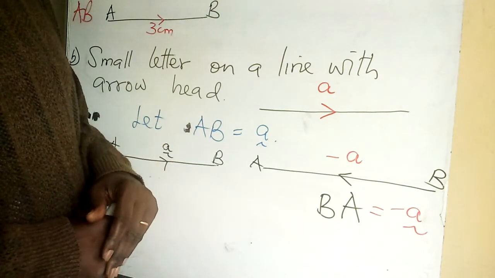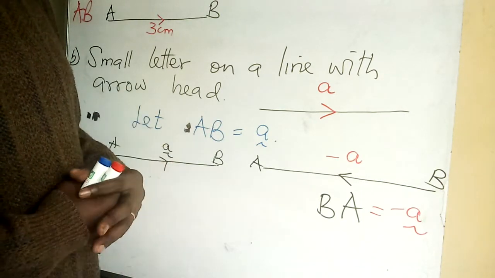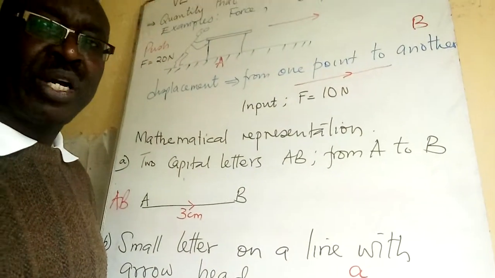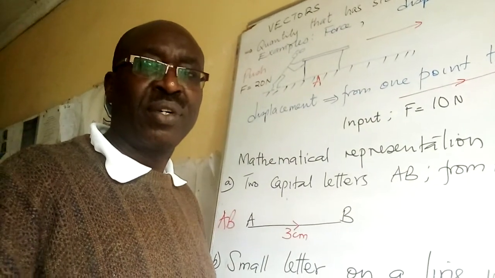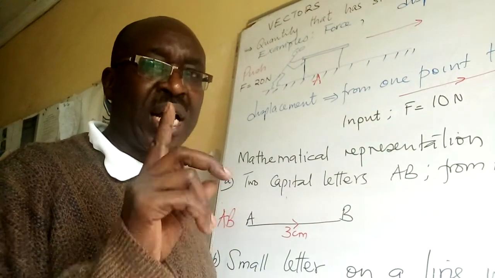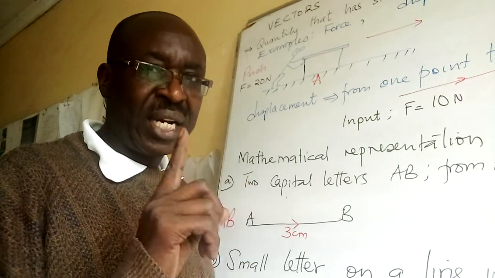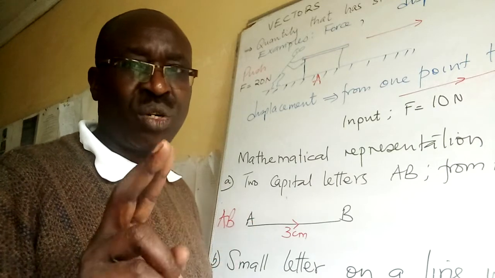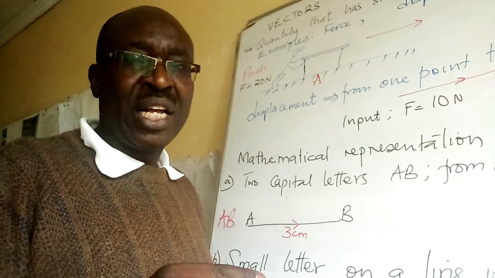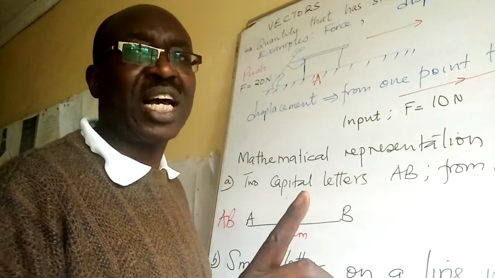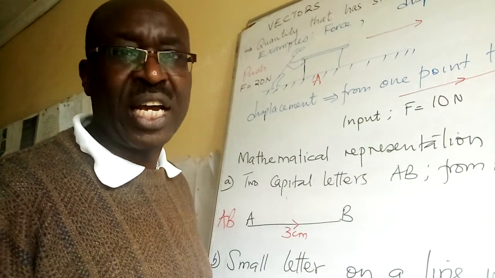If you can master that, next time we do something to build on what we have. Two things you must always remember: size and direction. Two capital letters: the first one is where you are, the second one is where you are going. That gives you automatically the direction.